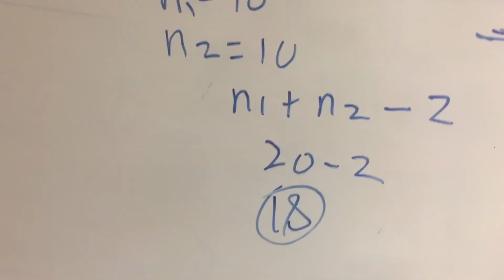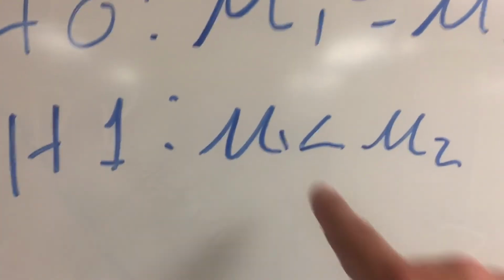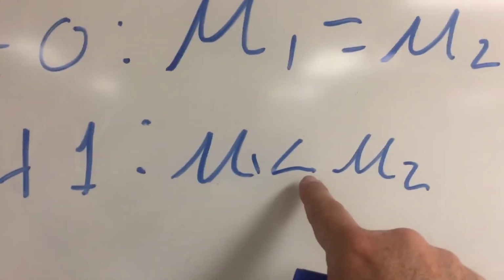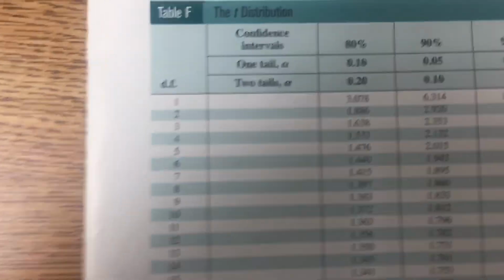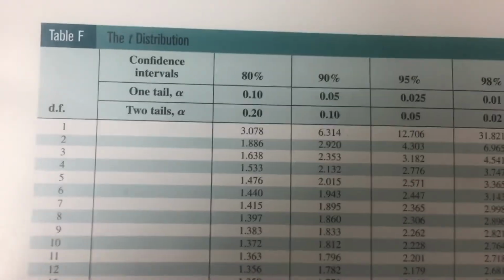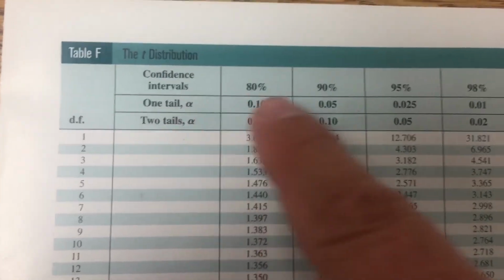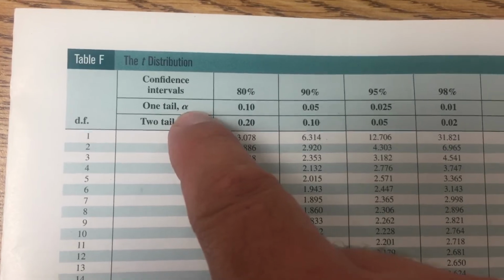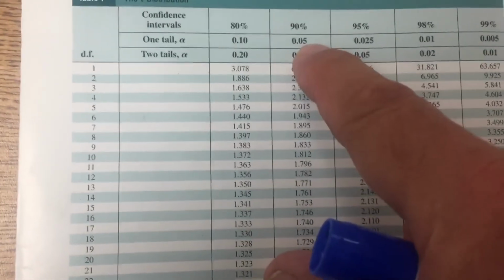If I find that I have significant differences, there's a 5% chance that that's not true. That's what that means. It is a one-tailed test because in my alternative hypothesis, I hypothesize that the mean of group 1 is going to be less than the mean of group 2. So now I have my information to find my critical value. I have a one-tailed test, I'm using an alpha level, that's that little alpha, one tail, and I'll come to 0.05, and I've got 18 degrees of freedom.